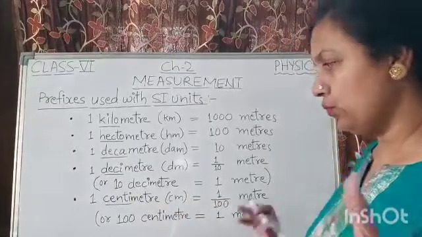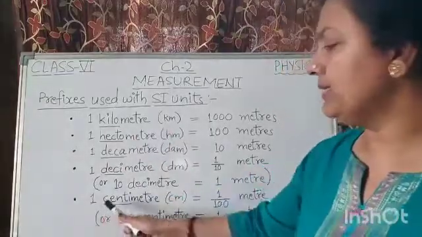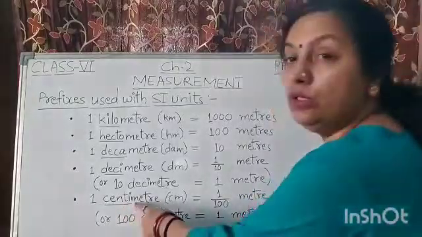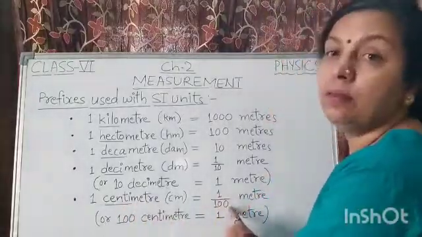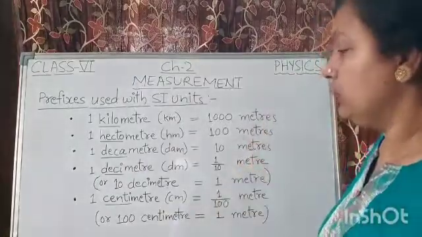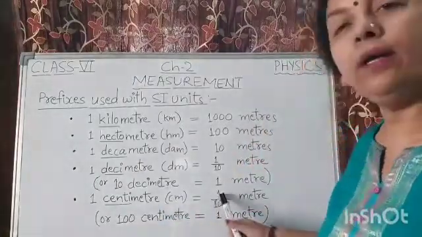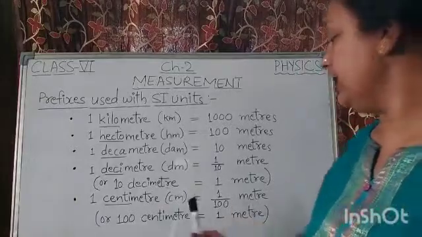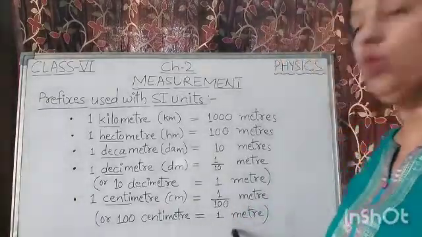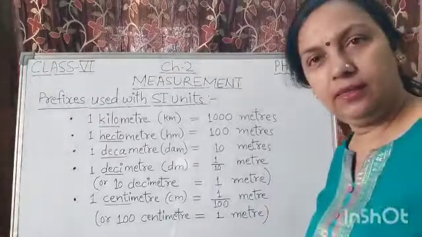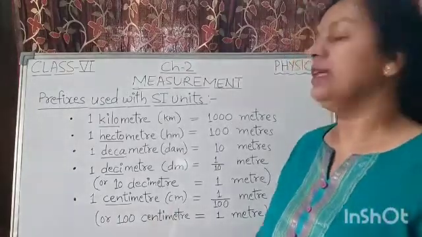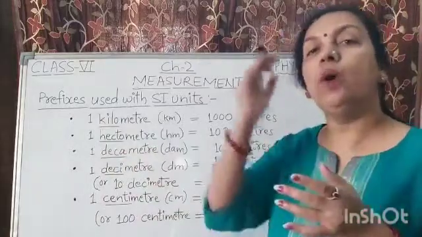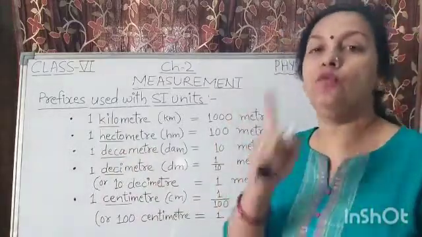Again, if we see 1 centimeter, here centi is the prefix, and centi denotes 1 upon 100th part of a meter. So 1 centimeter is equal to 1 upon 100 meter, or we can say 100 centimeter is equal to 1 meter. Similarly, 1 millimeter. Milli denotes 1 upon 1000th part of 1 meter.